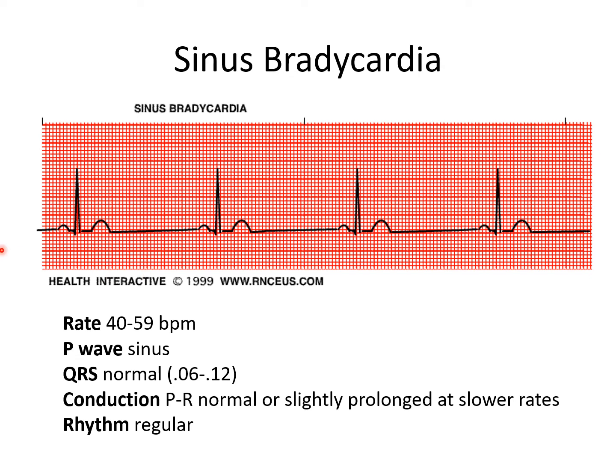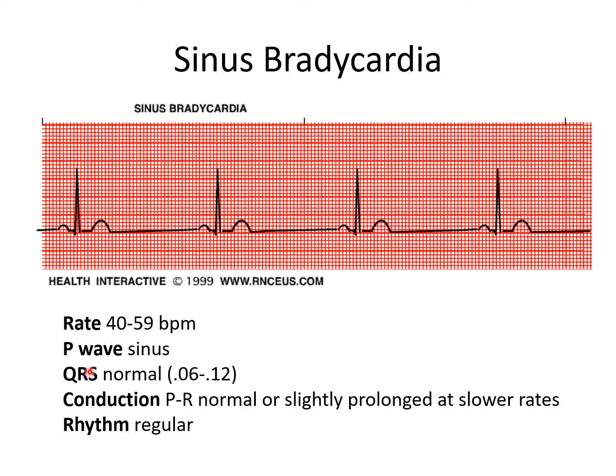So that means that the SA node, the pacemaker, through these impulses resulted in an atrial and ventricular contraction. So this is a sinus rhythm because a P wave is in front of every QRS complex. It is brady because the rate is slow. It falls within this range here, 40 to 59.